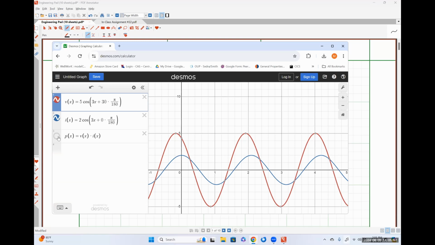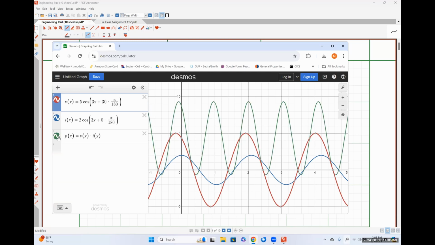And when I turn on my power, we get this signal right here. I'm going to turn off the current really quickly because I want us to make a couple of observations. This is just too busy with everything going on.